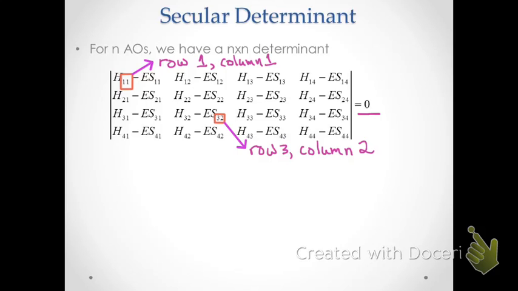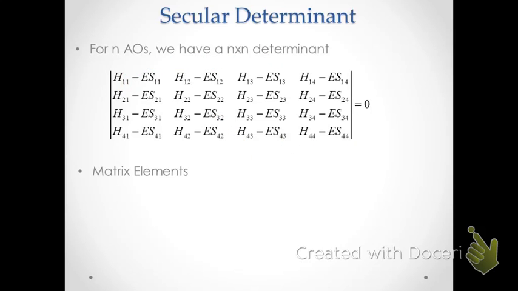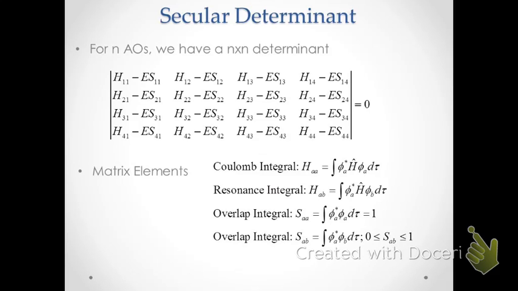Now, let's define each of the elements in this particular determinant. They're often referred to as matrix elements. In this case, we'll start with the diagonal elements, labeled HAA. AA means row and column are the same, so that's all of these elements here along the diagonal of our determinant.